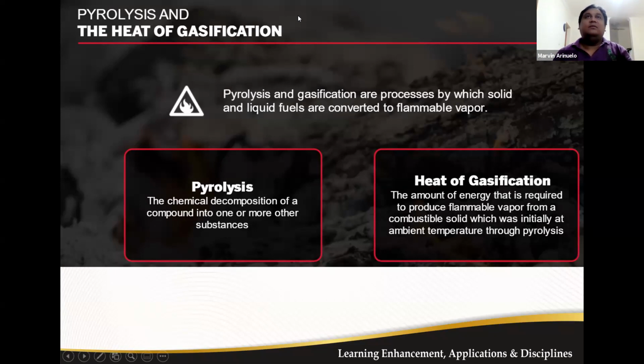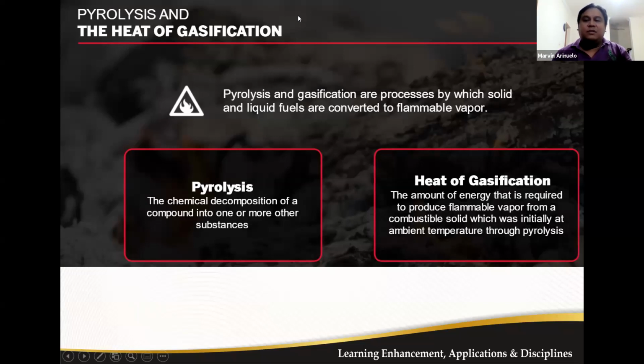So if there's heat, the solid converted into vapor may also take many physical paths depending on the chemical composition of the fuel. For example, wood decomposes directly to gaseous vapor when heated.